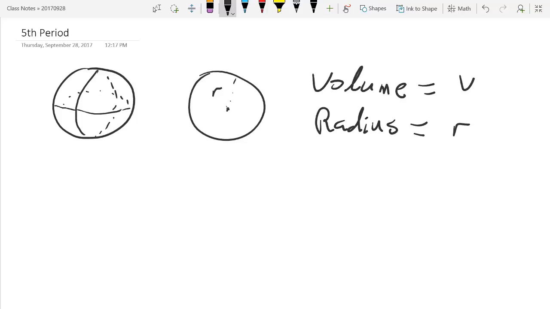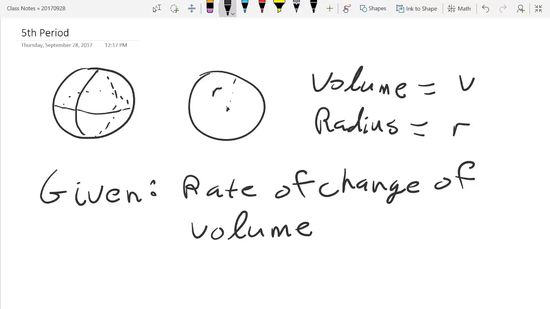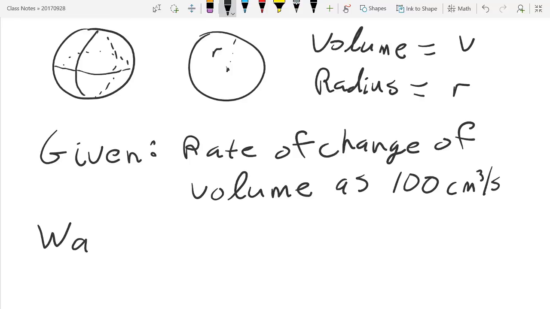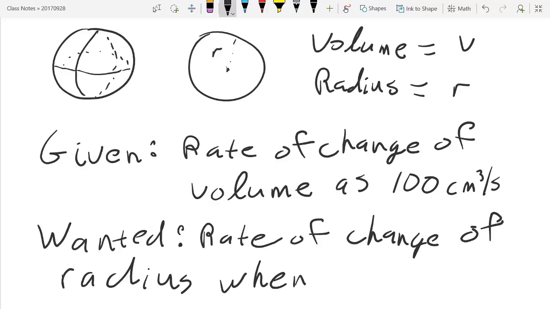Volume, we'll call it V. Radius, we call it R. We're given the rate of change of volume as 100 cubic centimeters per second, and the wanted quantity is the rate of change of the radius when the diameter equals 50 centimeters. Okay, so that's summarizing everything.